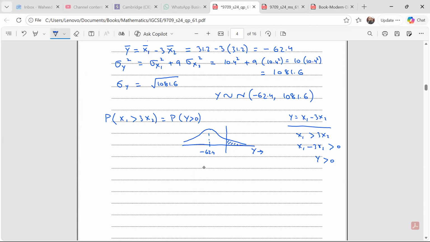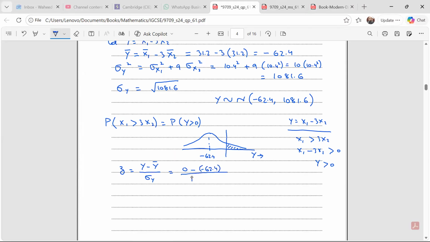Now I will normalize this y. I will define another random variable z, which is y minus the mean of y, divided by the standard deviation of y. Since we are talking about y equal to 0, it is 0 minus negative 62.4, divided by the square root of 1081.6.